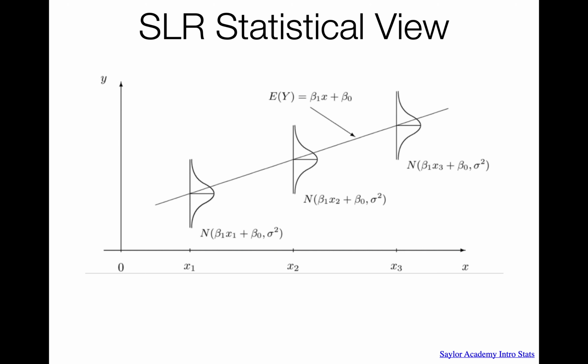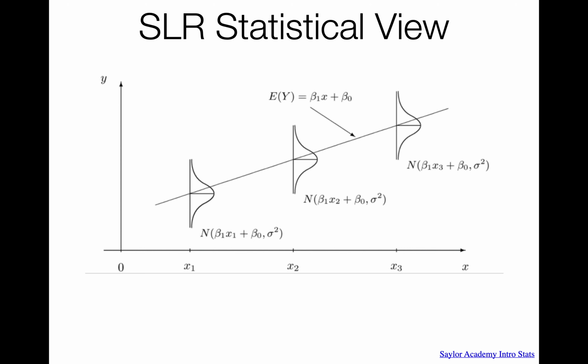And then the points really come from a normal distribution, each with its own mean, different means over time, but with the same variance. So what we have theoretically is this line with a bunch of normal distributions overlaid at each point.